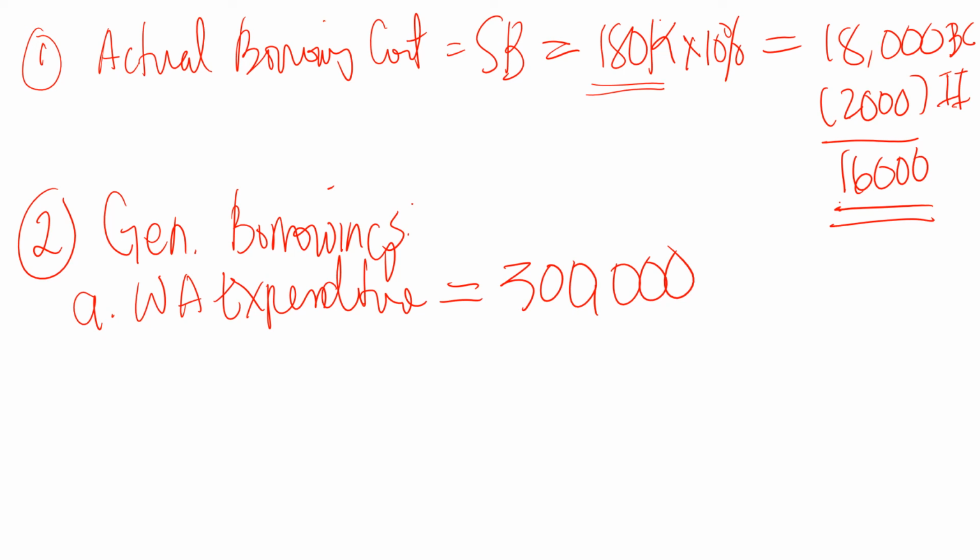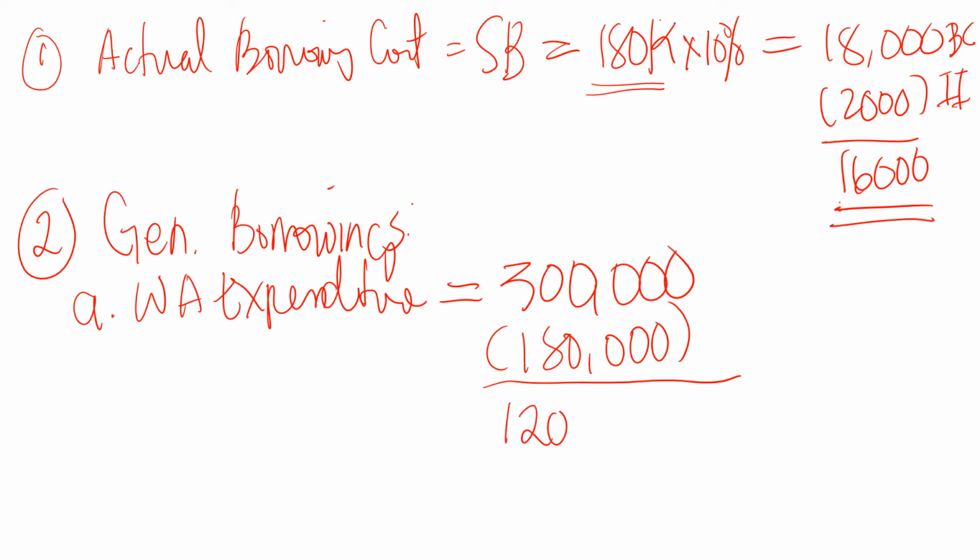So, syempre, ang kukumpitan lang natin ng borrowing cost for general borrowings, edi yung ginamit mo lang na funds dun sa general borrowings. Ang na-incur mo na 300, yung 180 dyan para dun sa specific borrowings. So, ibig sabihin, ang kinuha mo lang na money dun sa inutang mo for general purpose, yung difference lang ng 300 tsaka 180.